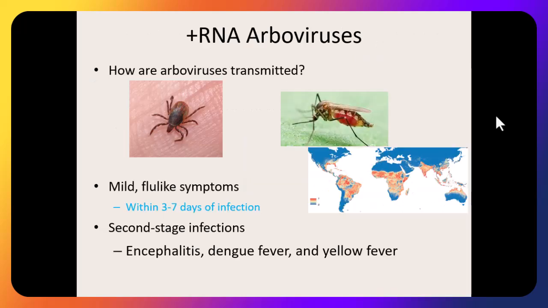Now, arboviruses, I said already, are spread by insects. So ticks and mosquitoes seem to be the top carriers. Depending on which virus, because there are a lot of viruses in the Togaviridae and the Flaviviridae group, most of them cause mild flu-like symptoms: tired, achy, fever.